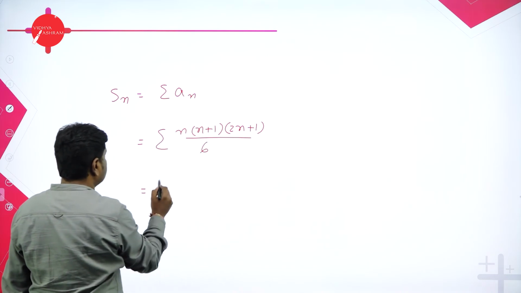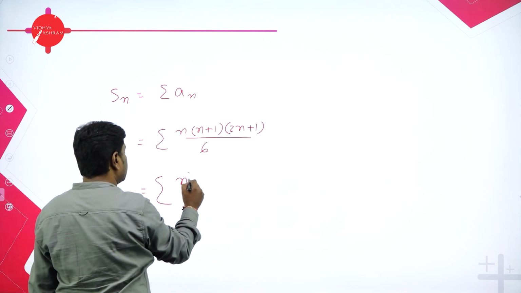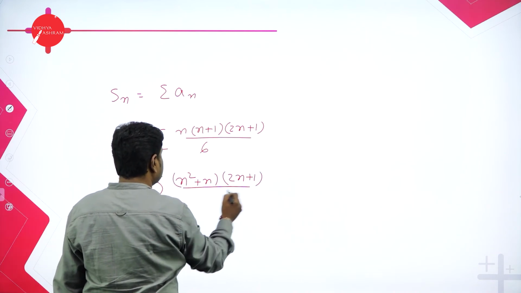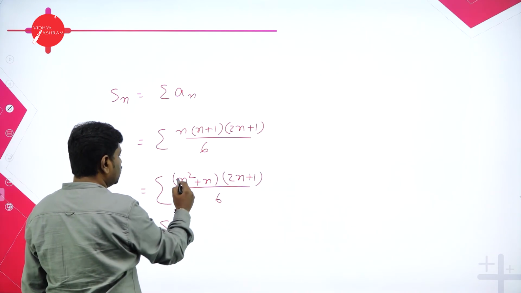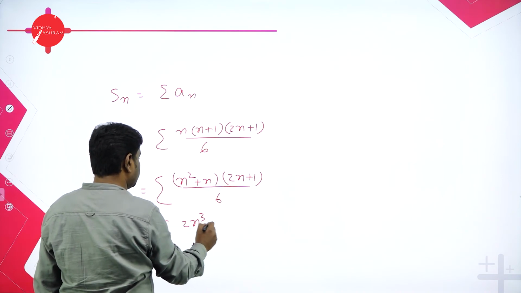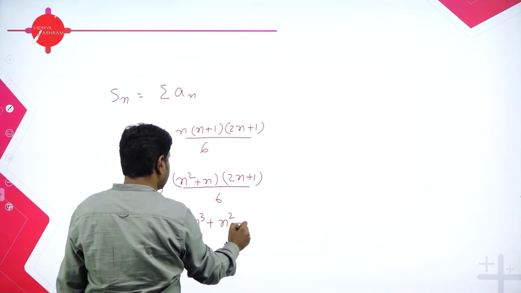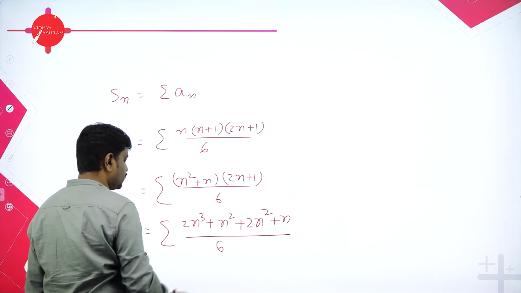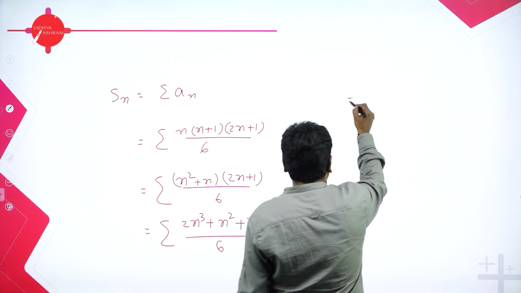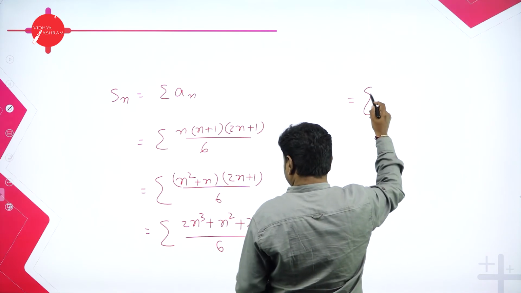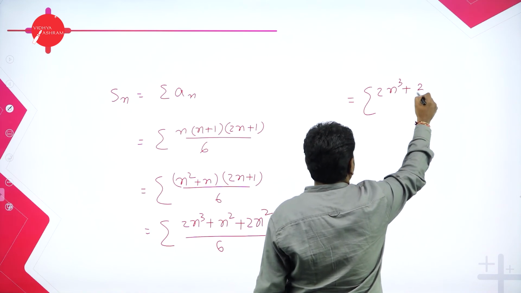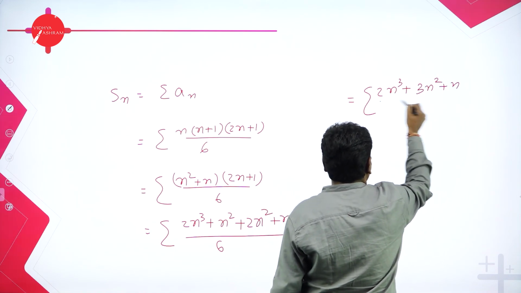So now further I will simplify. n into n is n square, plus n, into 2n plus 1 by 6. Again I will apply sigma: n square into 2n is 2n cube, plus n square, plus 2n square, plus n, by 6. Now that is sigma of 2n cube plus n square plus 2n square is 3n square, plus n, divided by 6.